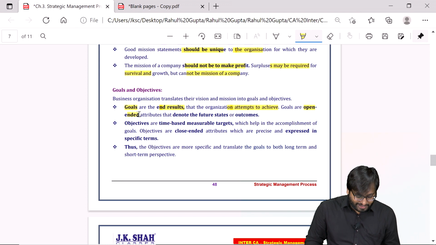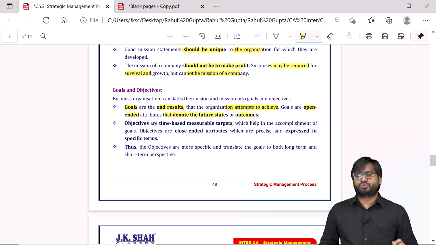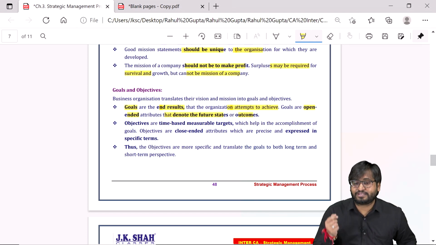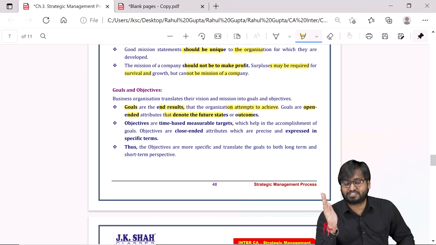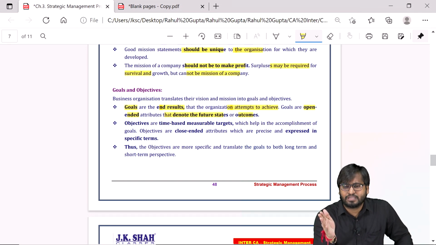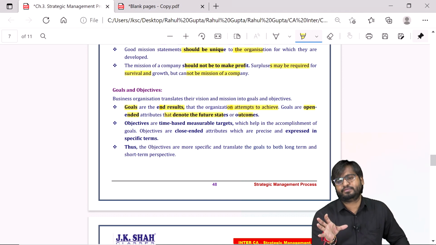Goals are open-ended attributes that denote the future states or outcome, whereas objectives are time-based measurable targets. They are specific. Meaning, we want to increase our profits by 5% in this quarter.